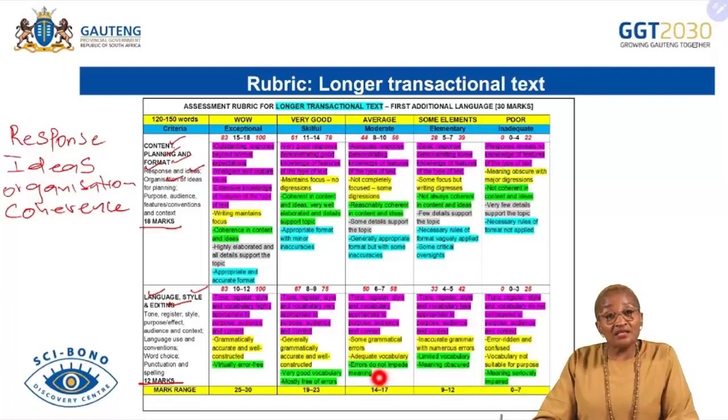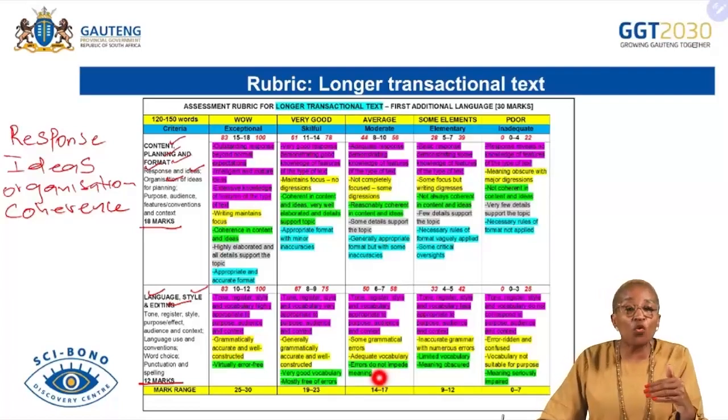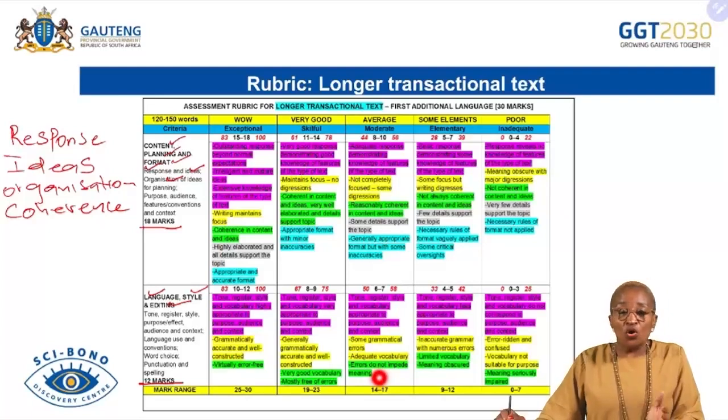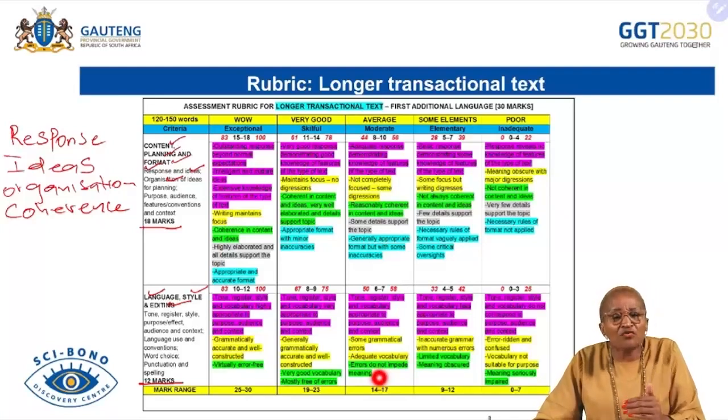So your ideas must follow a specific order. They need to follow a specific organization. There should be a link between your ideas. There should be some kind of a synergy.